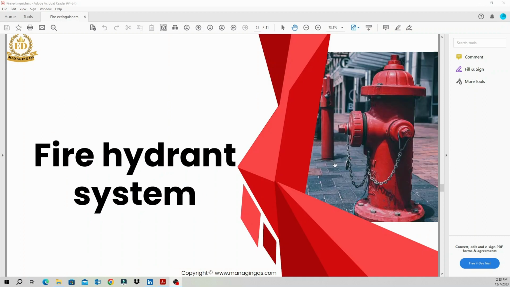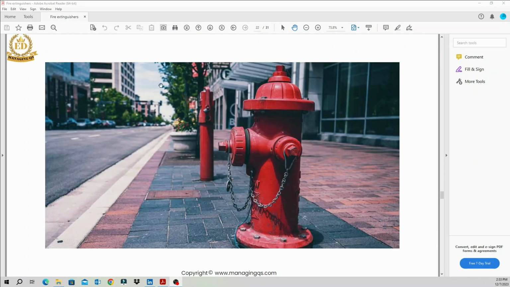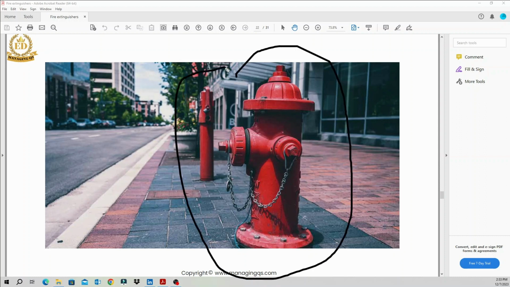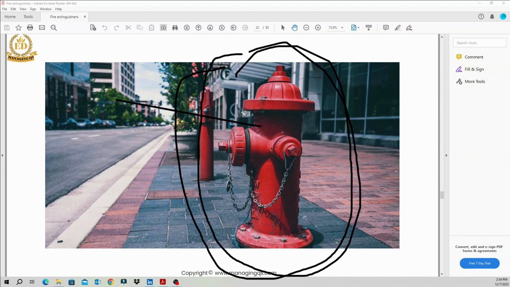The next one is the fire hydrant system. The terminology is fire hydrant, and this is the appearance. Normally we can see it in projects outside the buildings, in commercial places and public areas. The component name is fire hydrant.